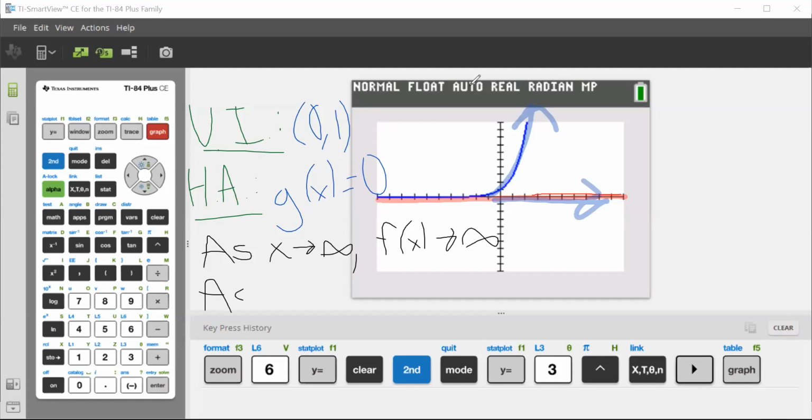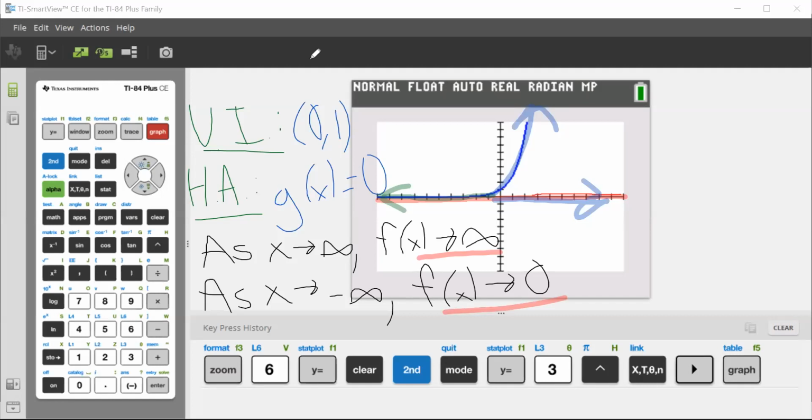But then as x goes towards negative infinity, going the other way, notice that instead of going towards positive or negative infinity, the output values are getting closer and closer to that horizontal asymptote at the value 0. So this is, I think, the first instance we've seen where in one direction the long run behavior goes towards some sort of infinity, but in the other one it goes towards a specific number.